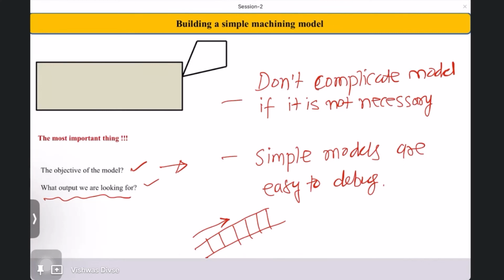So in that way, I have gone through all this thought process and am trying to give you simple stages of how one can build, let's say, a simple machining model first. How to make it more and more accurate gradually, that I will show you.